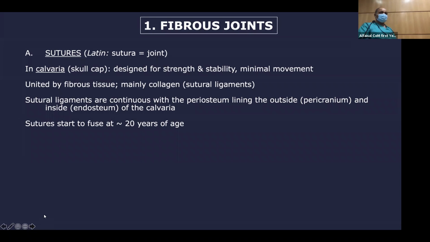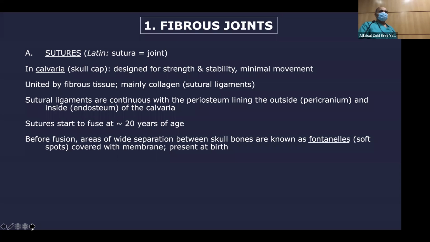And these sutures, after 20 years of age, you can differentiate. Sometimes these lines disappear. So before fusion, there is a purpose, there is a function of this joint. It's really important. What is its importance?